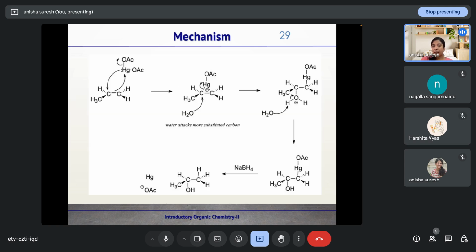So what is happening in the presence of mercuric acetate? Like an iodonium ion, a mercurinium ion is forming, so this alkene will form a three-membered cycle with mercuric acetate, leading to formation of this intermediate. Now the water will be attacking from the more substituted carbon, so we will get this intermediate.